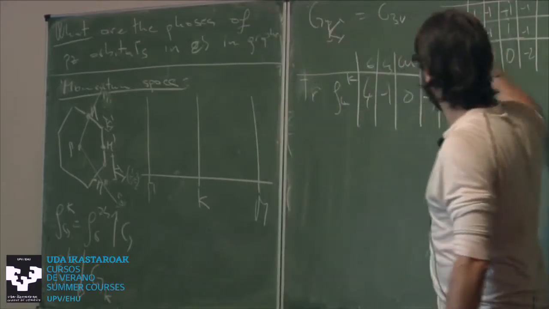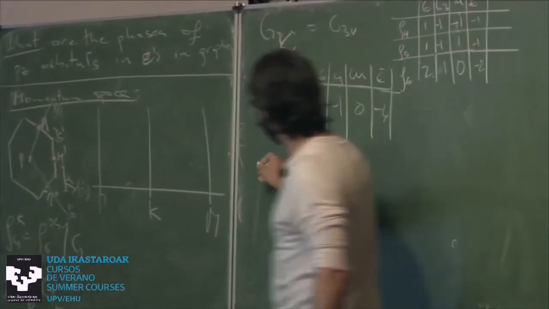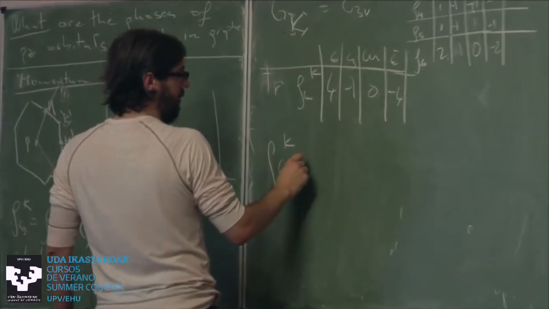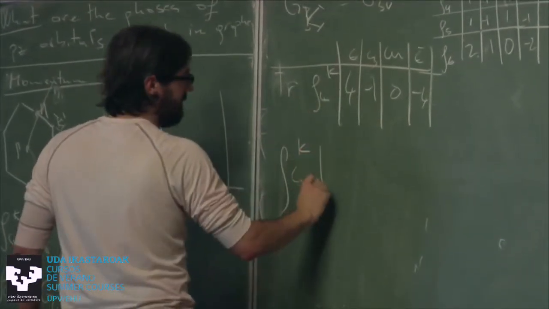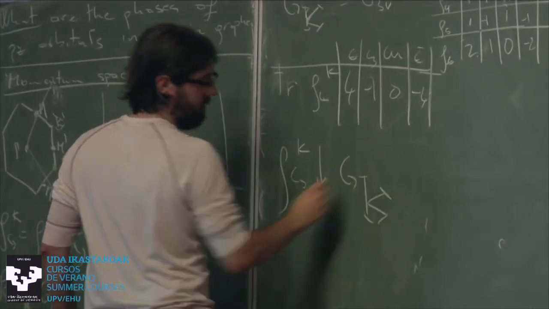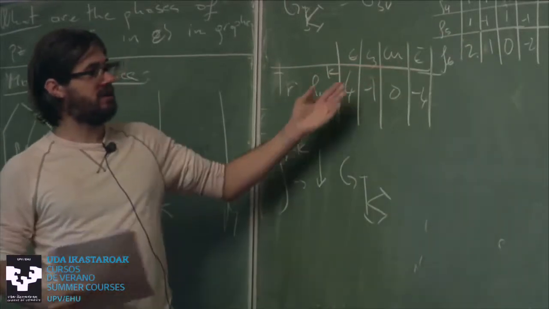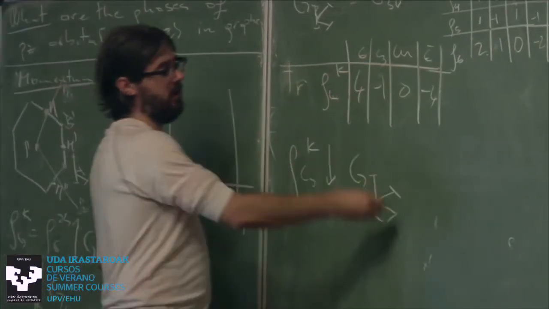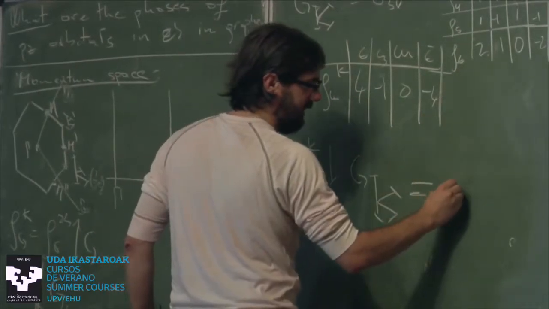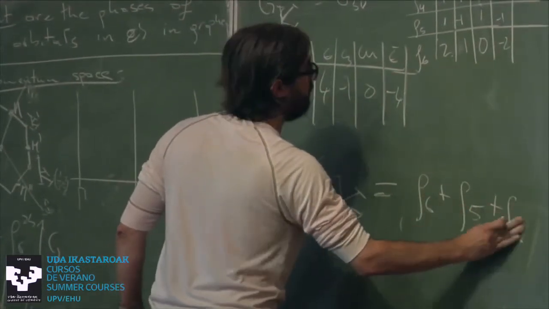The representation rho G of K, when subduced to G of big K, decomposes into representations of C3V, and you can find it just by characters. I claim that this tells you immediately that this decomposes into row 6 plus row 5 plus row 6 plus row 4.